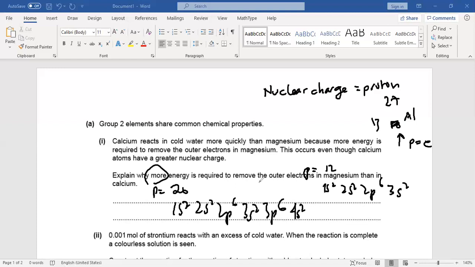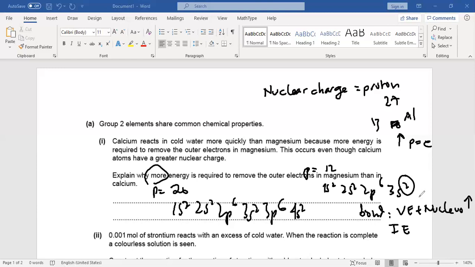So whenever you have fewer shells, it will increase the attraction between the electron in the outer shell, or valence electron, and the nucleus. So when the bonding between the valence electron and the nucleus is very high, then it needs more energy, or it will have more ionization energy, because ionization energy is basically the energy needed to remove one electron from the outer shell.